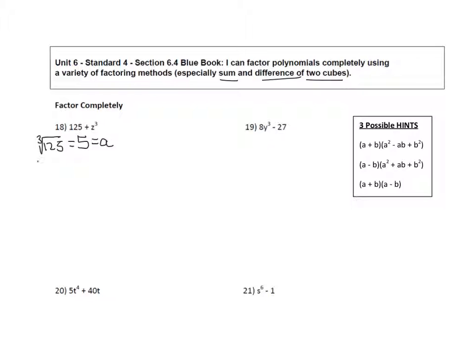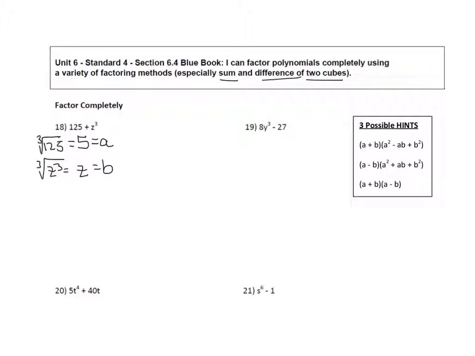Then let's figure out what's the cubed root of our second term, z to the third power. Well, they're opposite, they're inverses of each other, so it's just going to leave us with z. So that's going to be our B value. Okay, now that we figured out what my A and B value are, we can use that with the sum of cubes. We're using that one because it's an addition sign there.